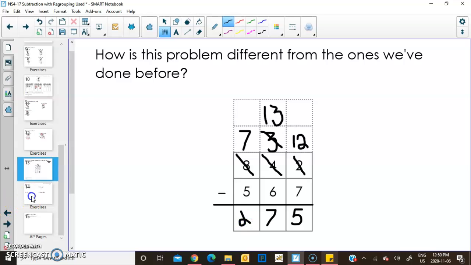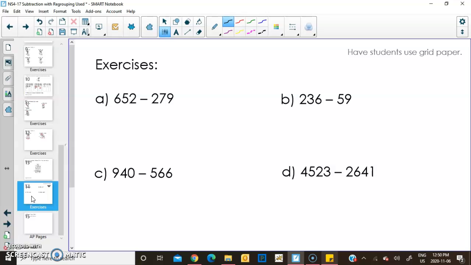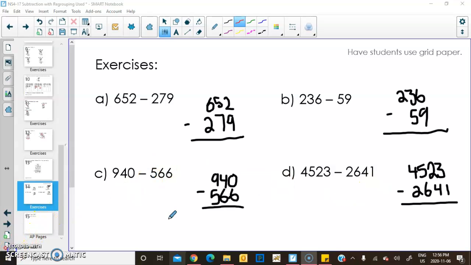Good work, grade 4s. Okay? Now I want you on your own to use the standard algorithm and regrouping to solve A, B, C, and D. Okay? Come back when you're done and check your answers.